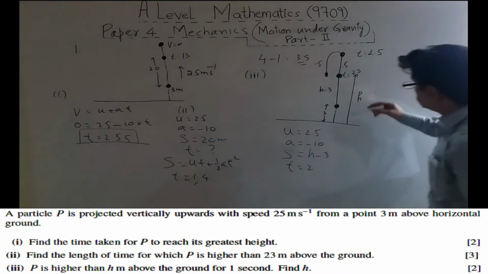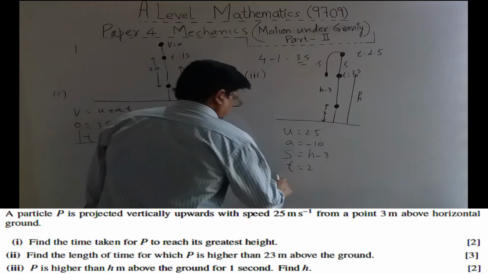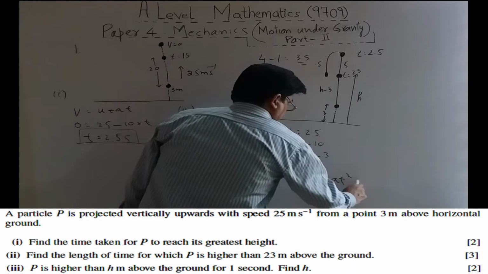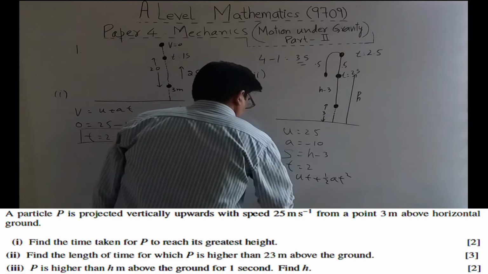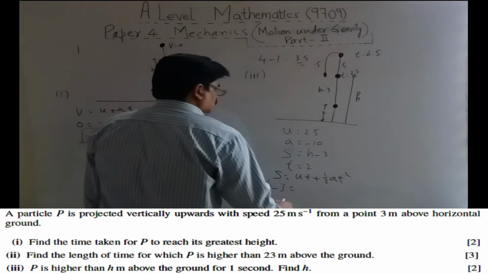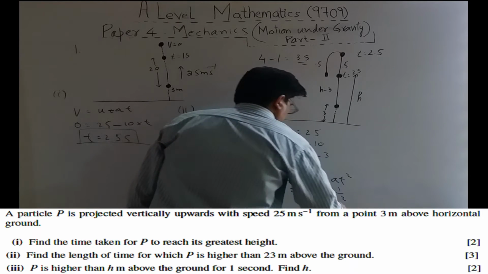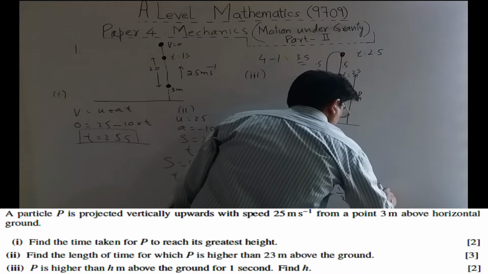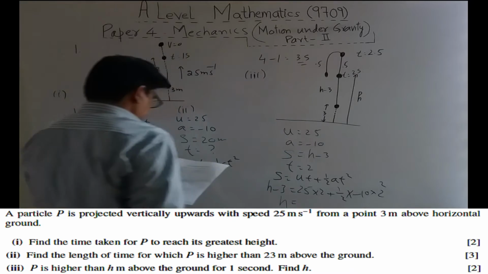This is the time in going from this to this point. Applying the formula, S is equal to ut plus half at square. Putting the values, U is 25, t is 2, 1 over 2 into minus 10 into 2 square. From here, if you simplify this, you will get the answer.